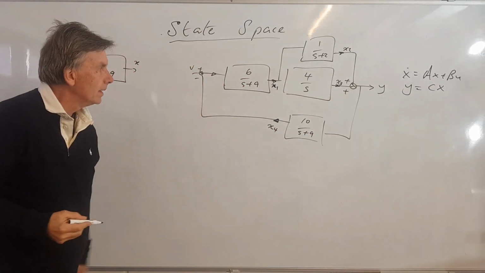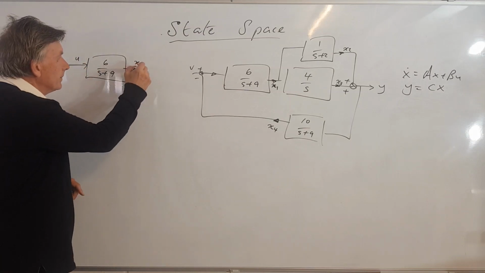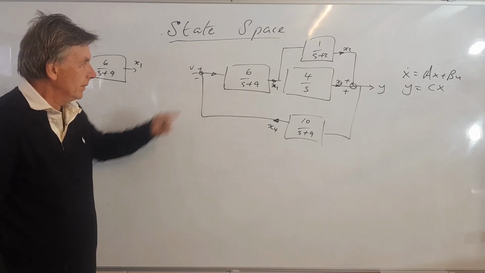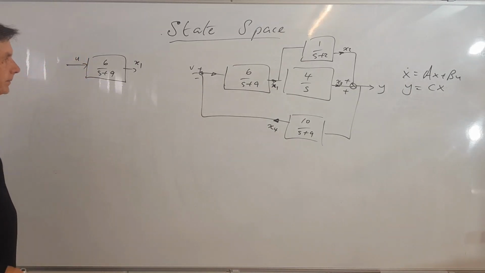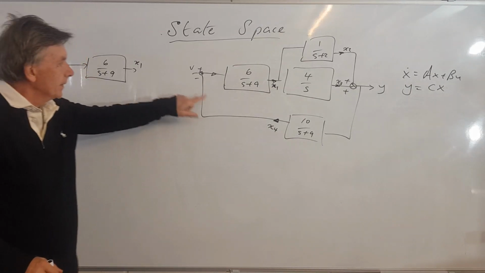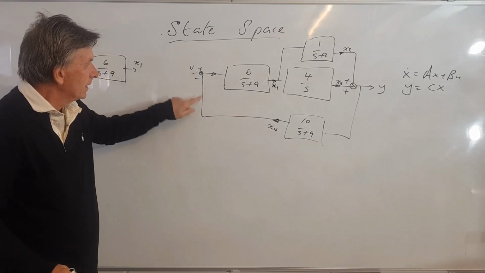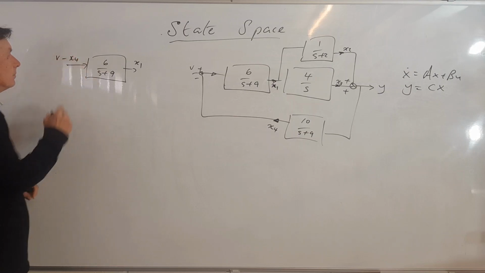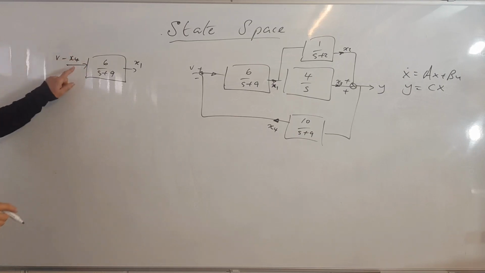So, as an example here, let's say we've got this block here, and we've got some signal coming in. In this particular case, this would be V minus x4. So this would be V minus x4 going into the block.